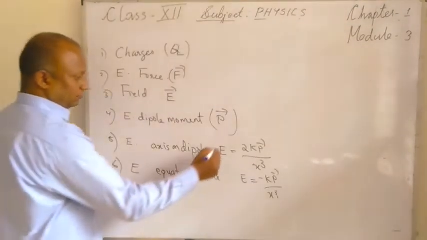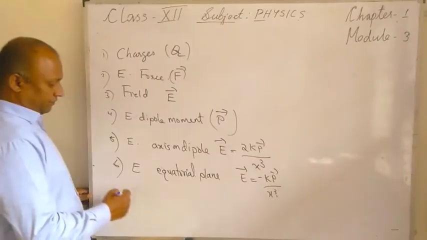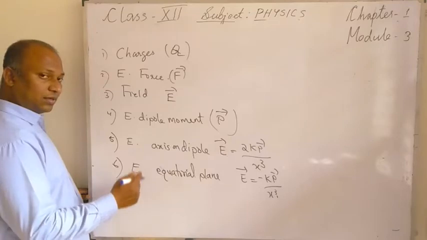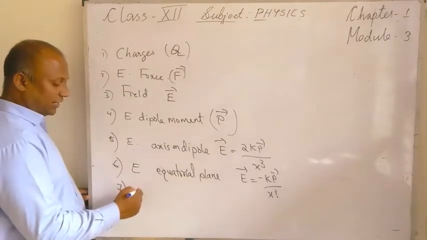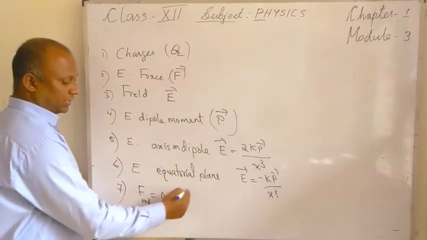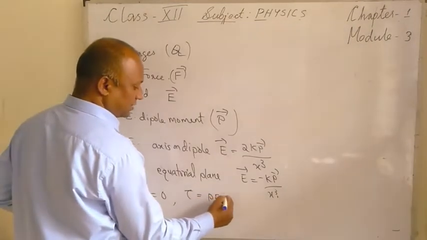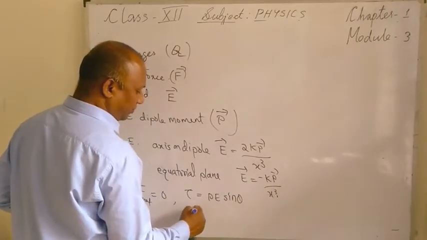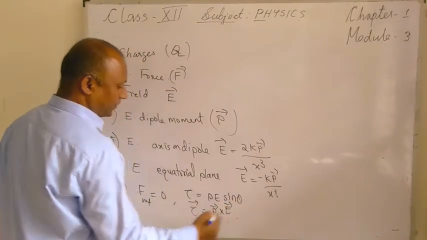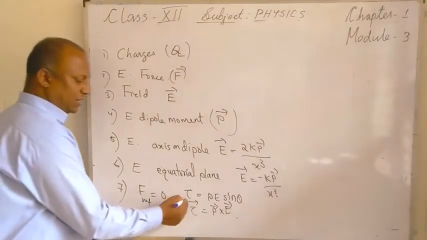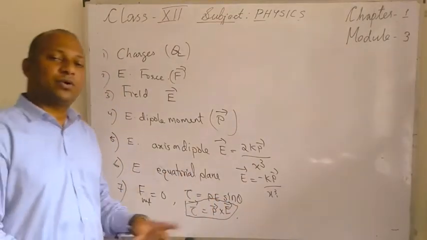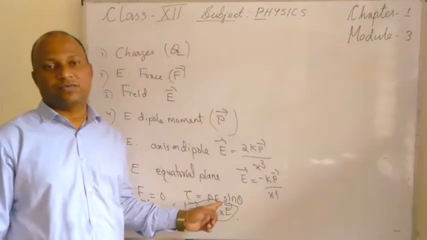Then we learned that when an electric dipole is kept in an external electric field, it experiences a net force equal to 0, and the torque is equal to pE sin theta, or in vector product form, P cross E. This P cross E has one more meaning: the direction of the torque can easily be found by this formula.